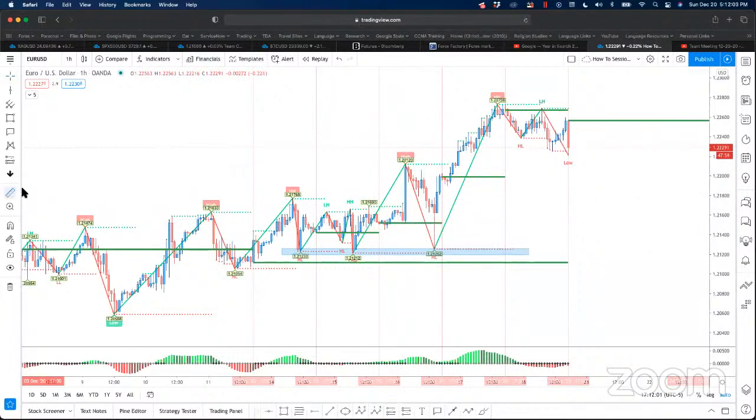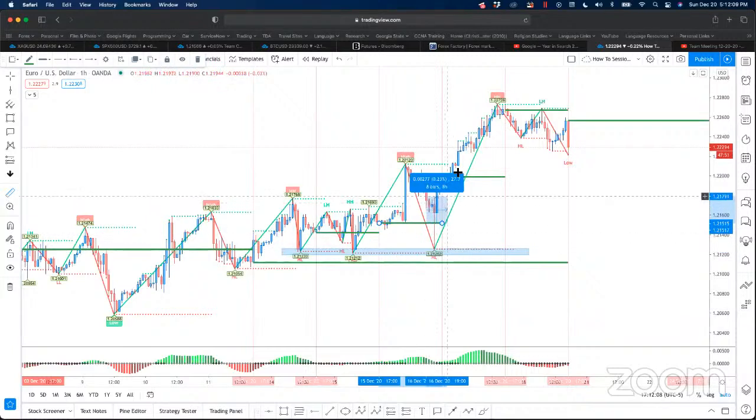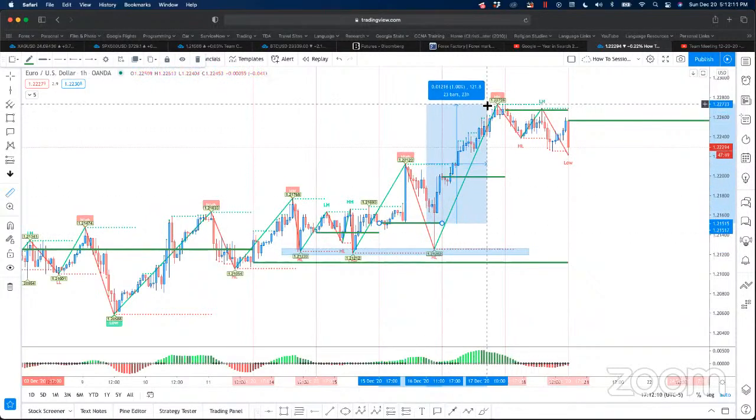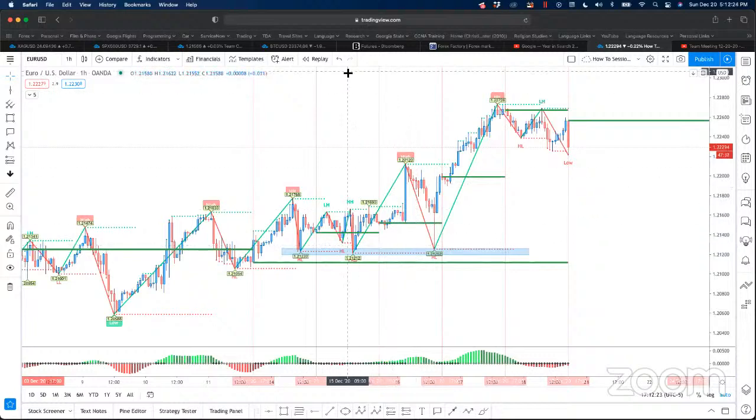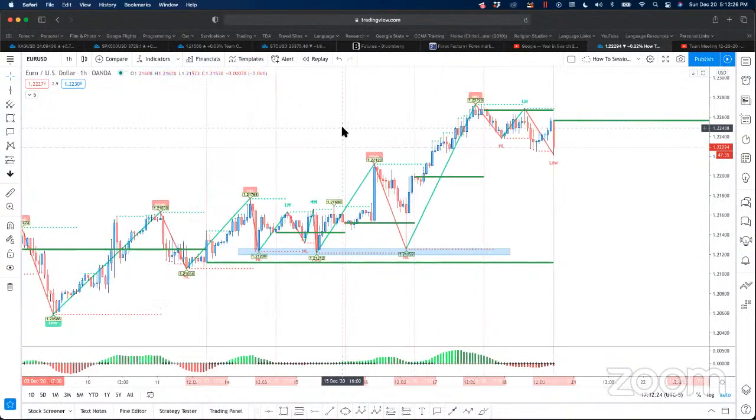But because this is EU, we only saw 26 pips of drawdown for a trade that went 100 pips. That's pretty much 4 to 1. Four to 1 trade. So let me send this to you guys.